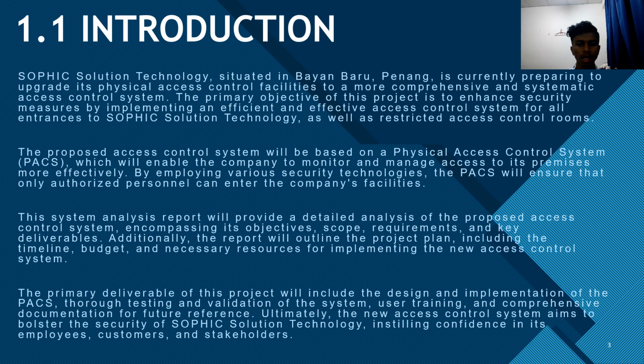This system analysis report will provide a detailed analysis of the proposed access control system, encompassing its objective, scope, requirements, and key deliverables. Additionally, the report will outline the project plan, including the timeline, budget, and necessary resources for implementing the new access control system.